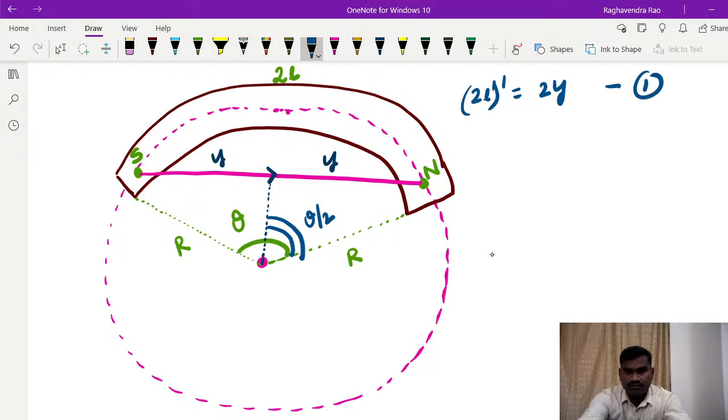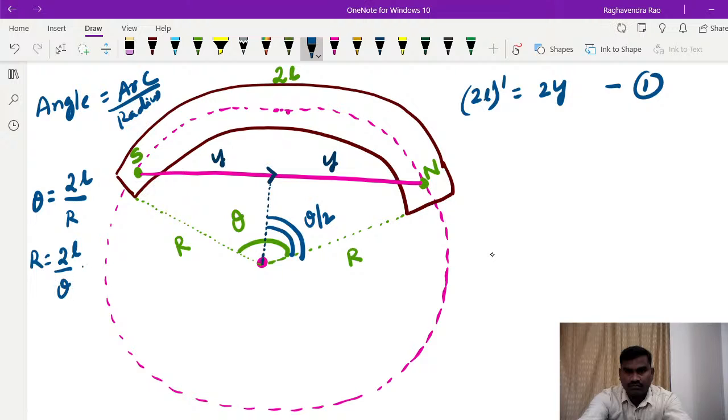To calculate y, in trigonometry we know angle is equal to arc by radius. So theta is equal to arc length, which is the magnetic length 2L, divided by the radius r. From this, r is equal to 2L by theta. This is equation number 2.